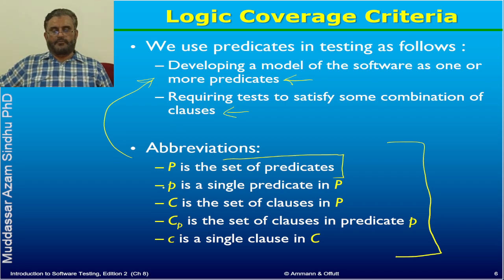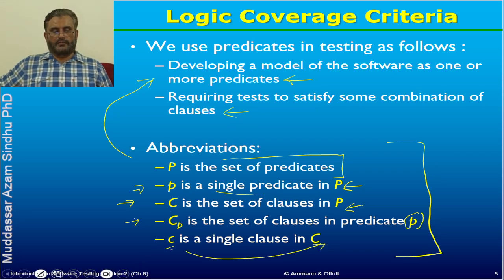Then the small p is a single predicate in this capital P. Then capital C is the set of clauses in the set of predicates, and C subscript p is the set of clauses in a single predicate p. The small c is a single clause in C, or the set of clauses in p.